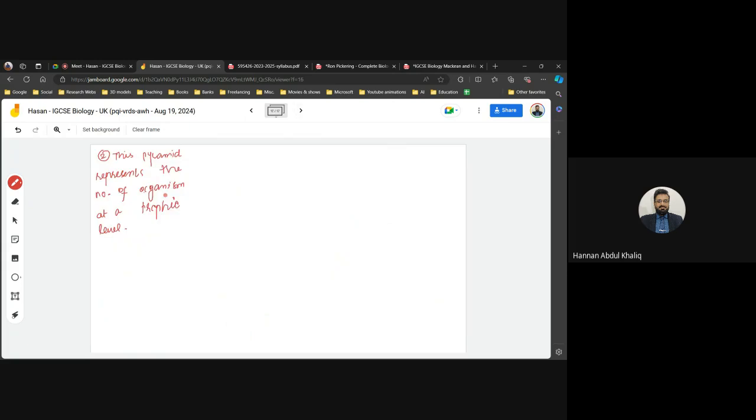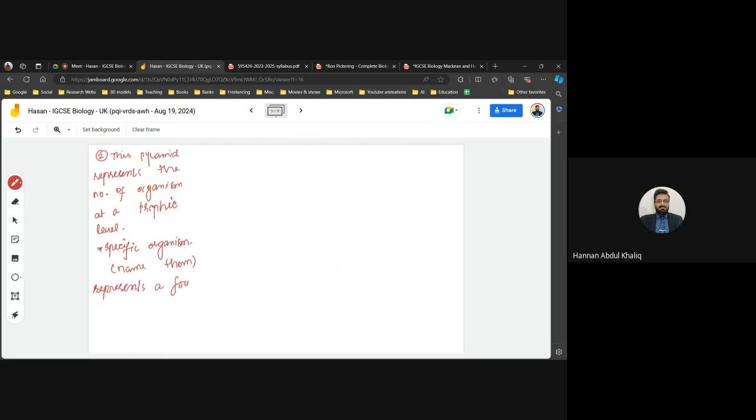But in this pyramid, we actually talk about specific organisms, meaning that we name them. It is more like a food chain. How many organisms do we represent in a food chain?